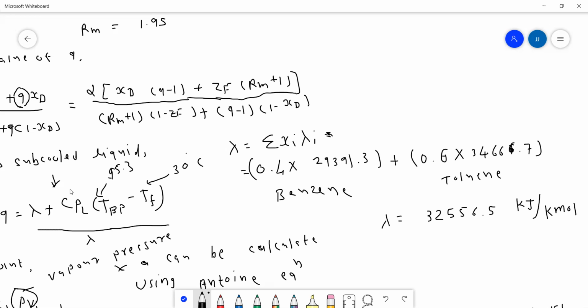So we have already found lambda. Now next is the CPL.